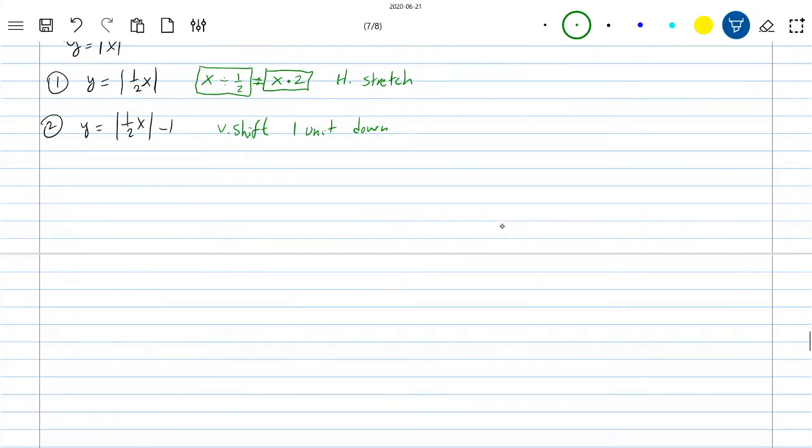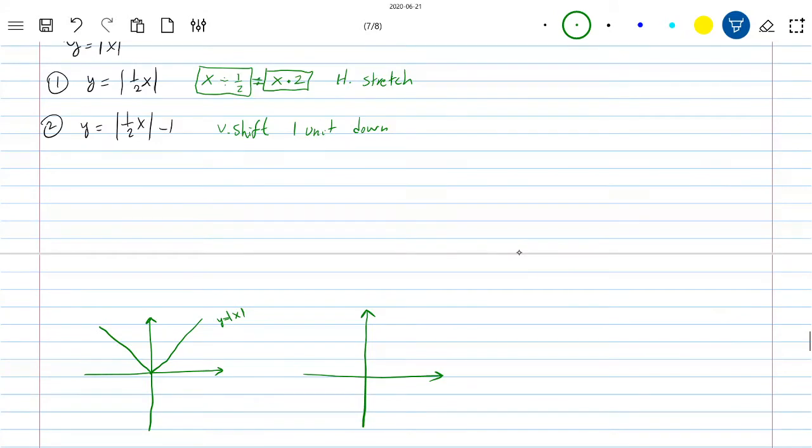Okay, I'm going to graph this by doing it separately so you can see. Absolute value of x, how does it look? This graph. Then what was the next step? Step 2 was to figure out what y equals absolute value of 1/2 x looks like.